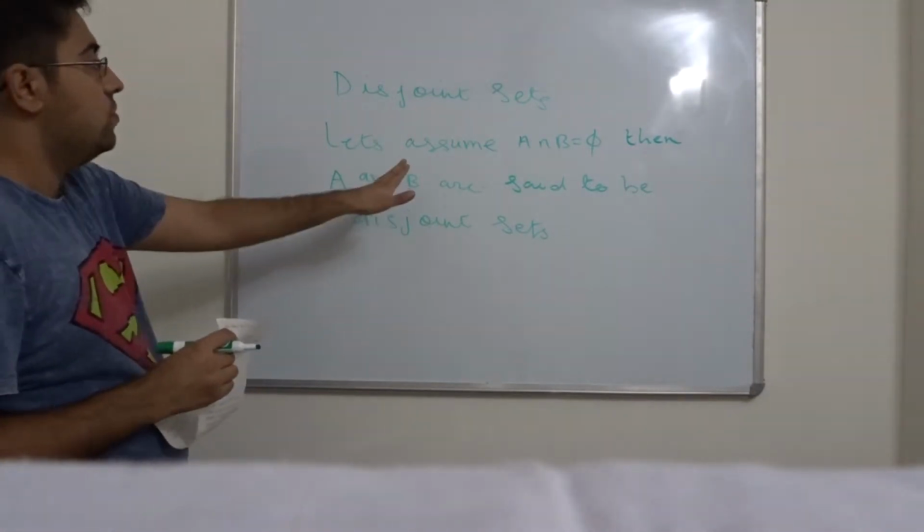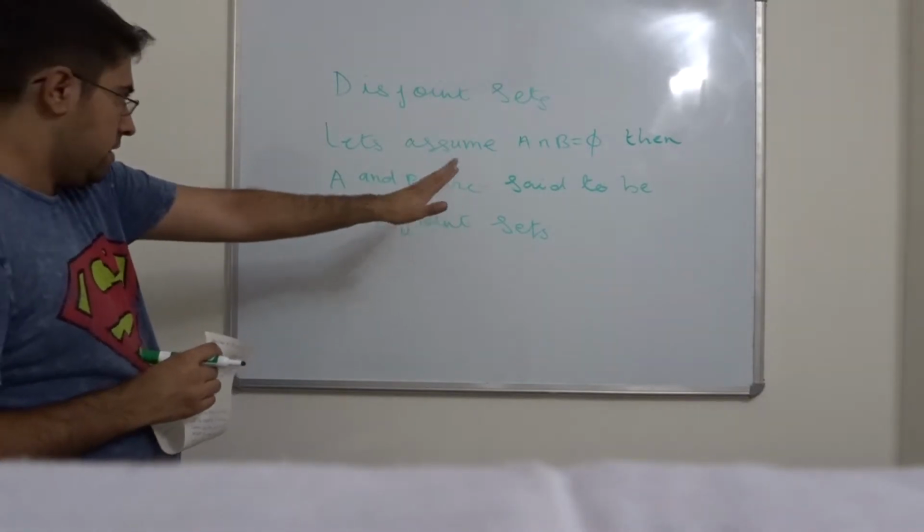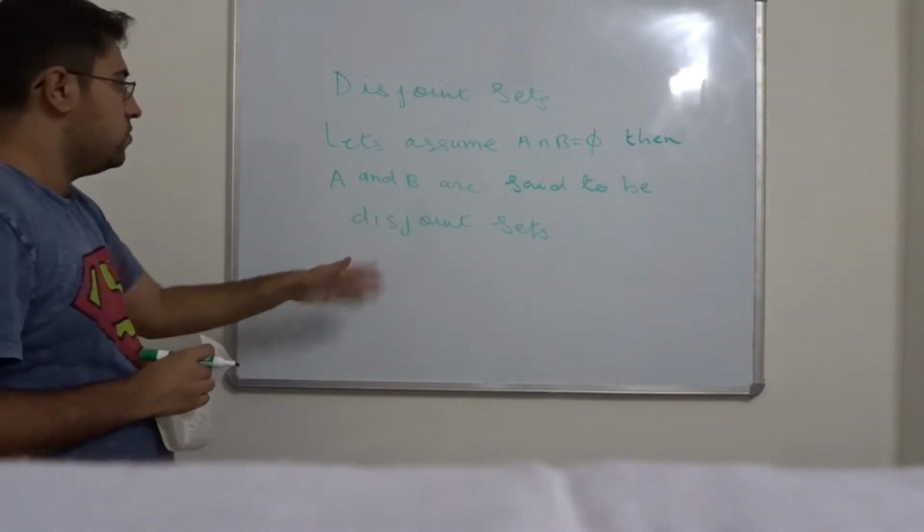Let's assume A intersection B is a null set. Then A and B are said to be disjoint sets.